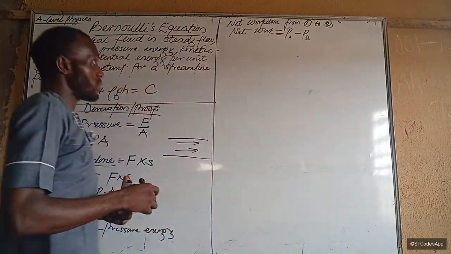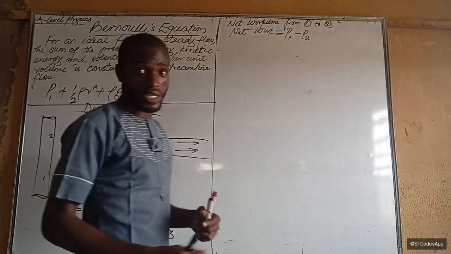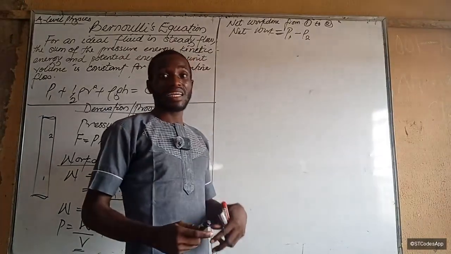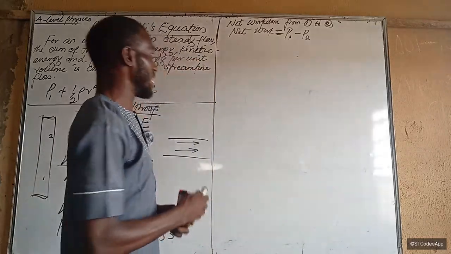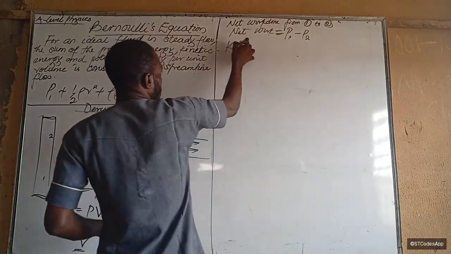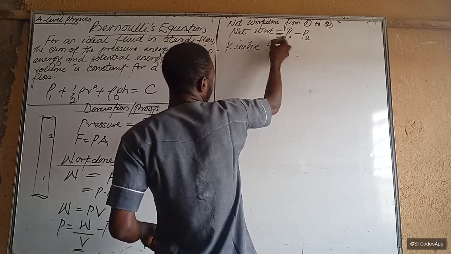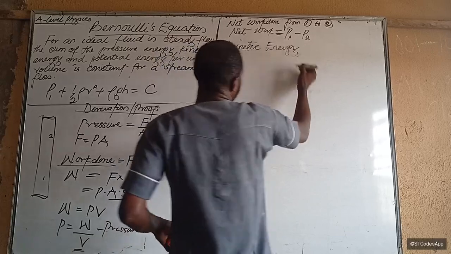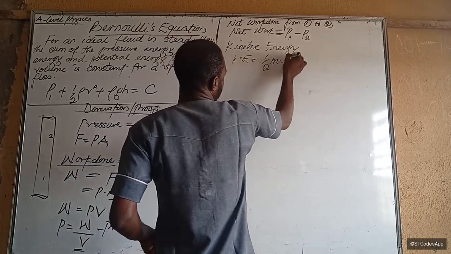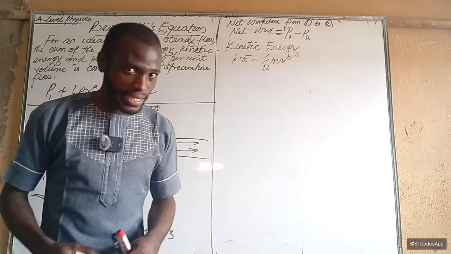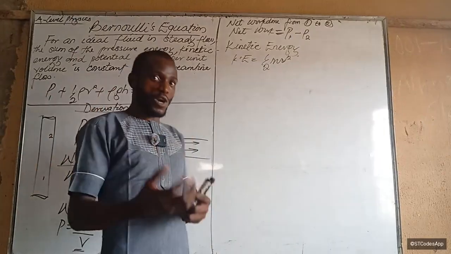Now just follow me. The next thing is that, you know, a moving fluid is going to possess kinetic energy. Since the fluid is moving, it's going to have kinetic energy, right? So kinetic energy KE of the moving fluid is going to be half mv squared. But the fluid is not moving as one, it's moving in volume, right?